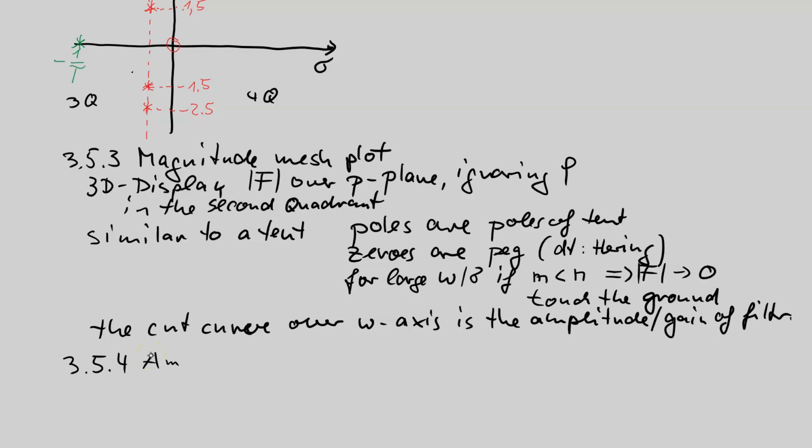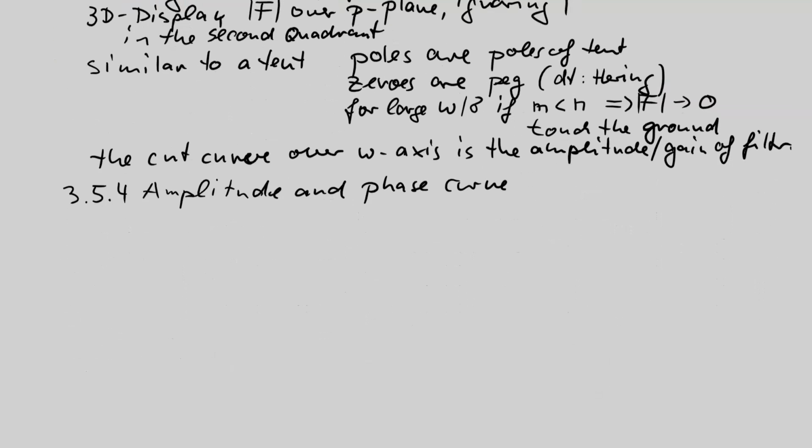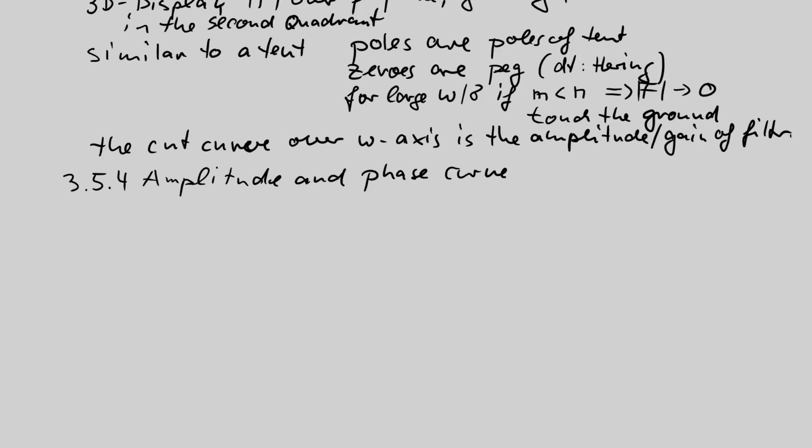So we come to the last point before the Bode plot appears: amplitude and phase curve. Here we have a very simple situation.